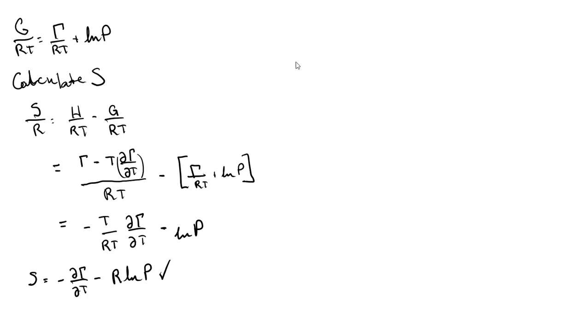Next step is we can calculate internal energy. There's a couple things you can use. Equation again, U over RT is equal to, this is just H equals U plus PV, rearranged, H over RT minus PV over RT.